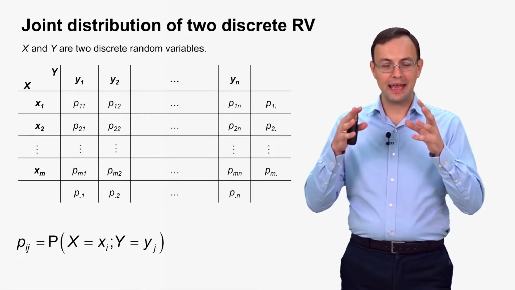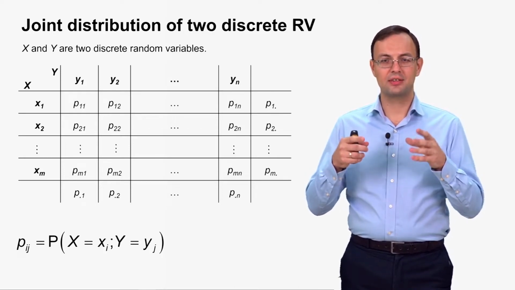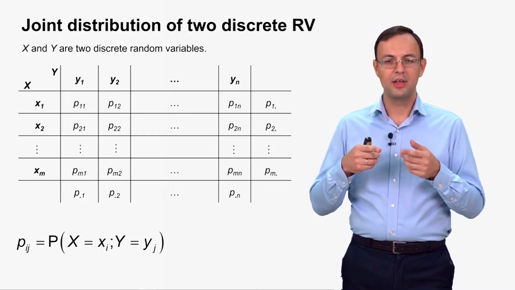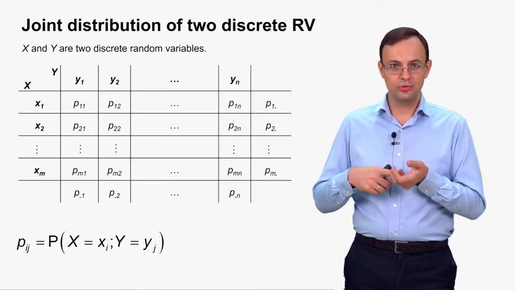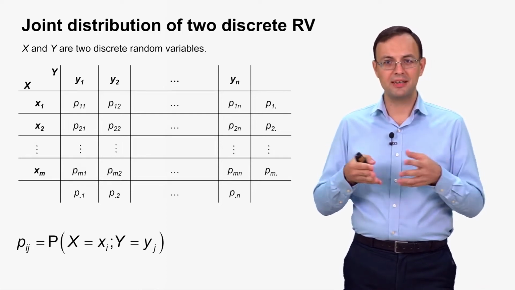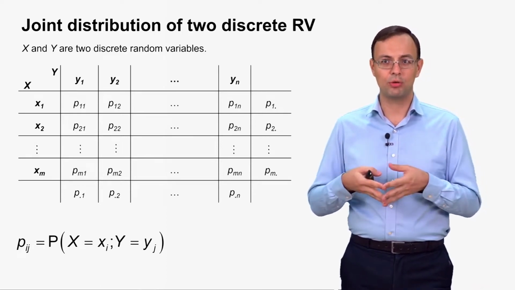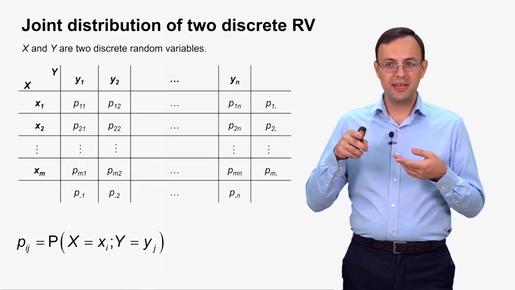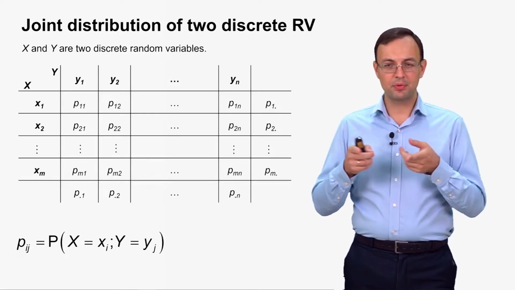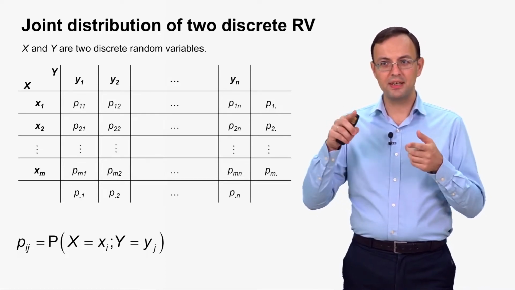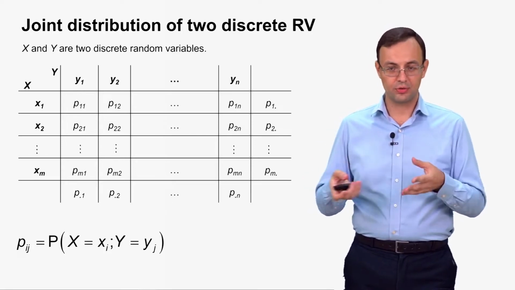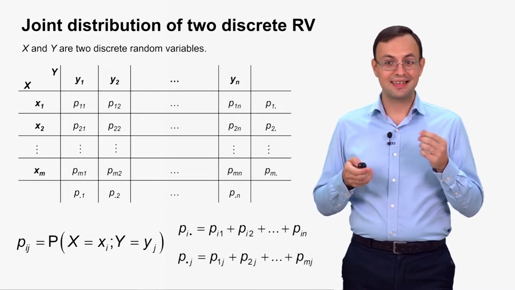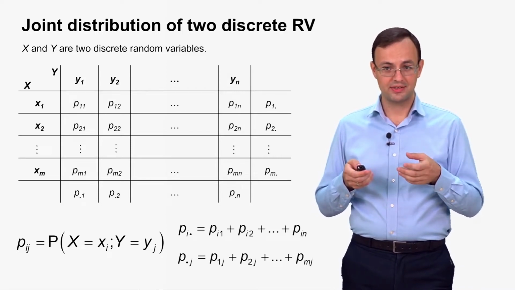So you add all probabilities that are in the first column and you get this p dot 1. So p dot 2 is the sum of all probabilities that are in the second column and so on. And p1 dot is the sum of probabilities from the first row, p2 dot is the sum of probabilities from the second row, and so on.